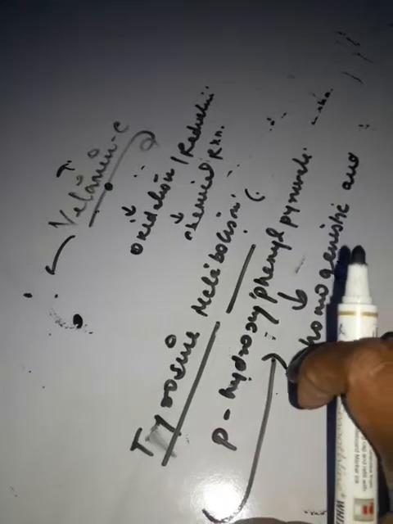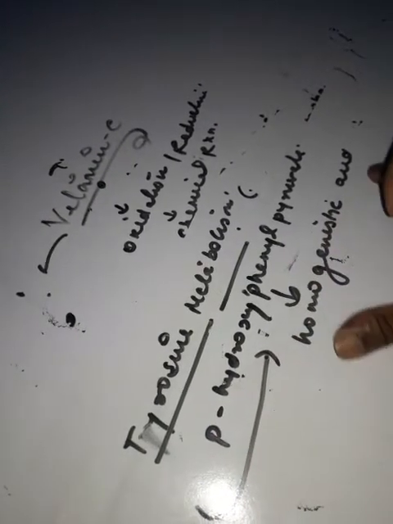Okay, so here vitamin C is involved. With the help of vitamin C, para hydroxy phenyl pyruvate is converted to homogentisic acid.